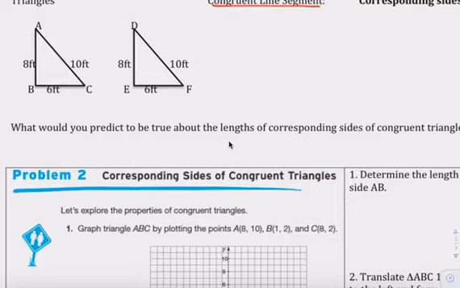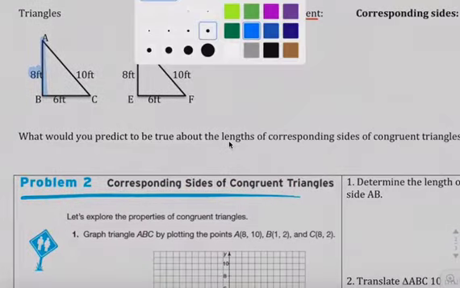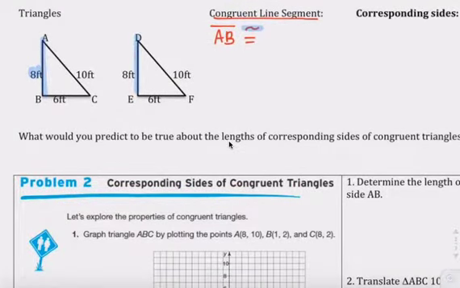So here's 8, line segment AB is congruent to, here you put the symbol for congruent instead of equal. That symbol tells us we use the word congruent. Congruent to, this is also 8 right here, line segment DE.